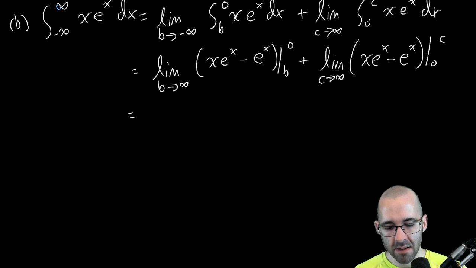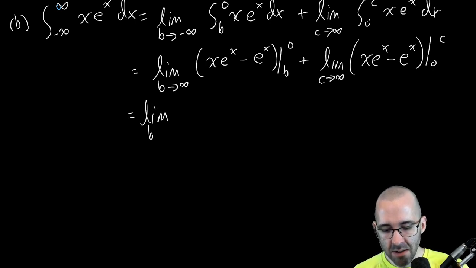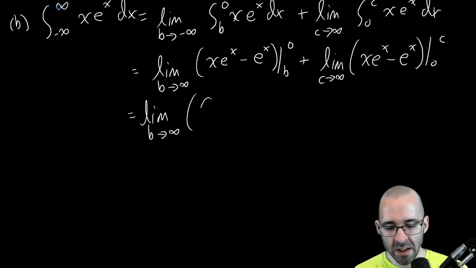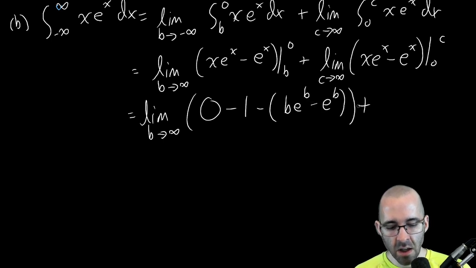Now, look at this. When we evaluate at 0, the first guy is 0, minus e to the 0 is 1. Subtract when we plug in b: b e to the b minus e to the b, plus this other limit.